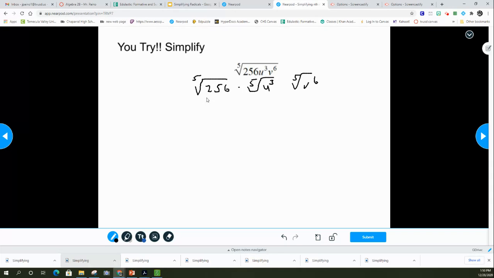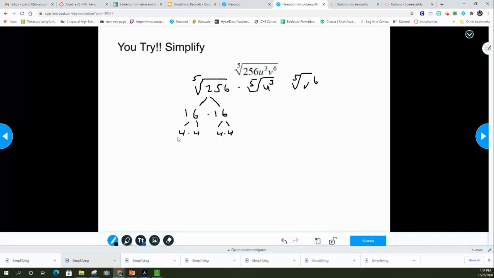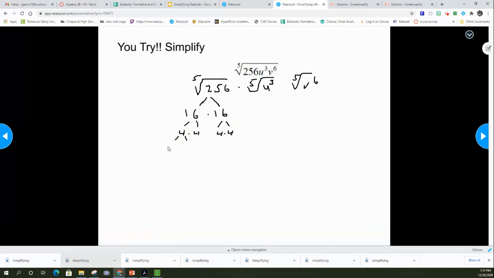All right, so 256, that's 16 times 16, which is 4 times 4. So it's going to be a lot of 2's in here. It's going to be 8 2's. 256 is 2 to the 8th.